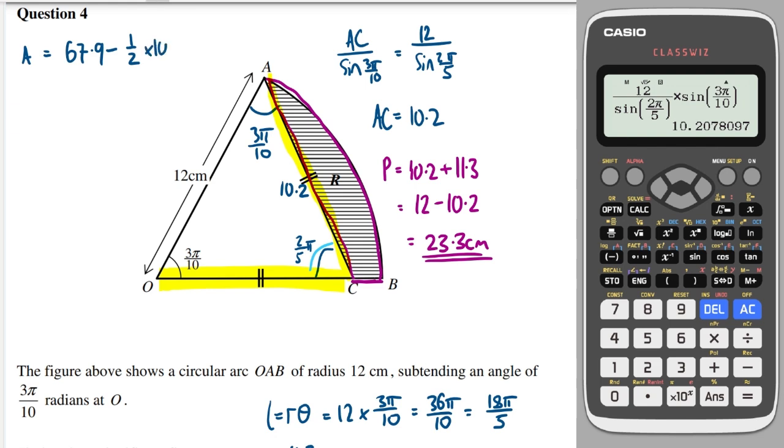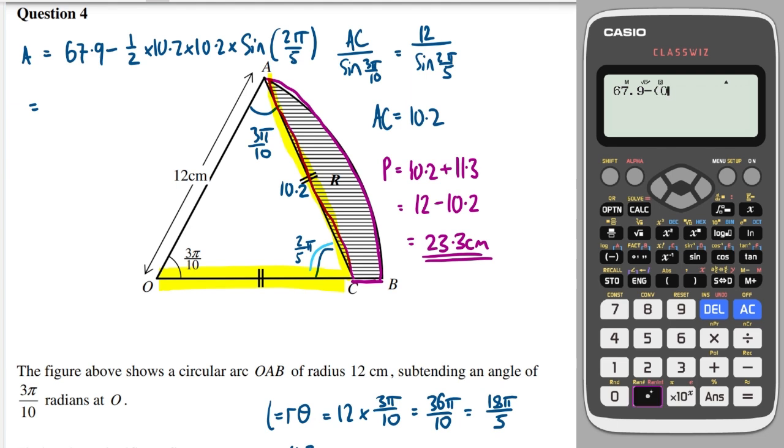So it will be times 10.2 times 10.2 times sine of the angle between the two sides, which is 2 pi over 5. Okay, so it is 67.9 minus a half multiplied by 10.2 times 10.2 times sine of 2 pi over 5, and we get 18.4 centimetres squared.